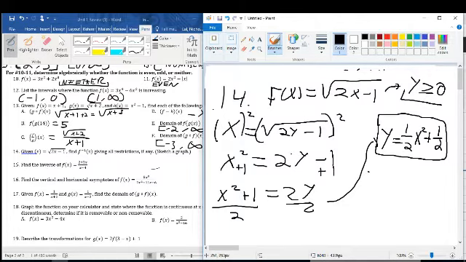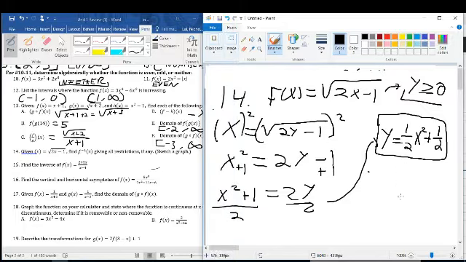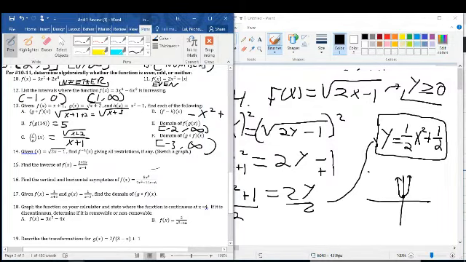And then we need to sketch such a graph. So 1/2 x squared plus 1/2. It's going to go up 1/2, and you have a shrunken parabola. So the inverse of the function equals 1/2 x squared plus 1/2.